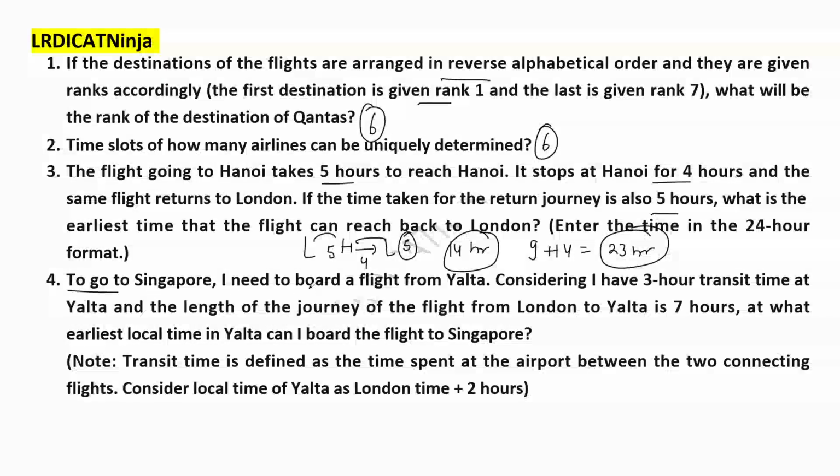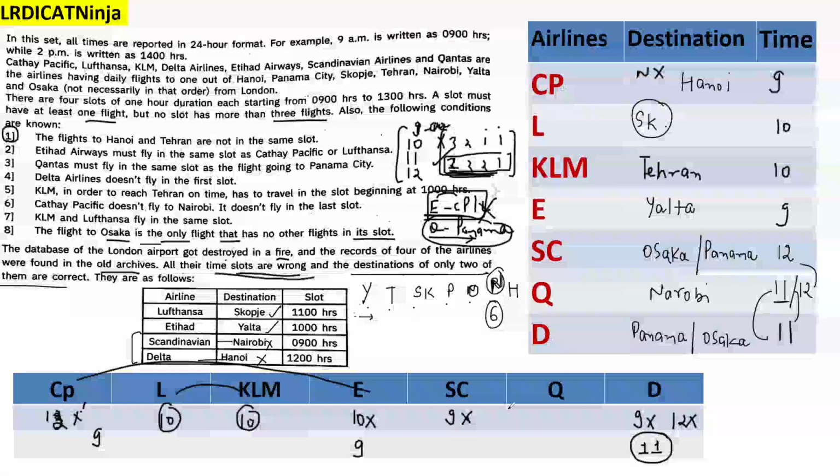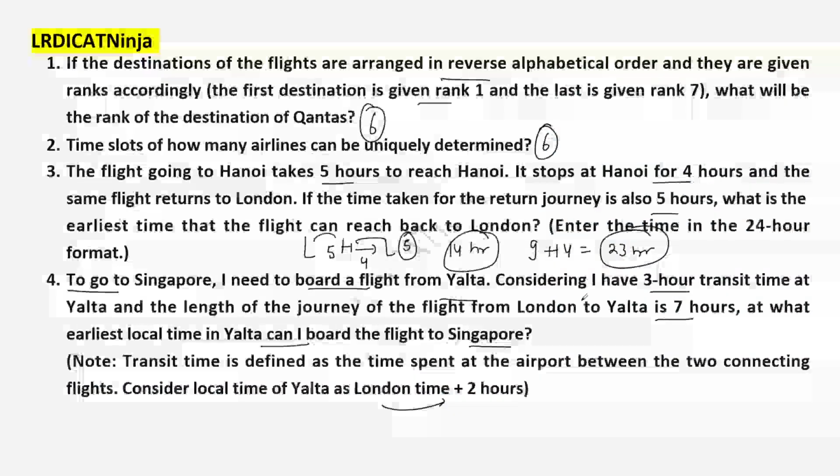To go to Singapore, I need to board a flight from Yalta. Considering I have a 3-hour transit time at Yalta and the length of the journey of the flight from London to Yalta is 7 hours, at what earliest local time of Yalta can I board the flight to Singapore? And the Yalta time is London time plus 2 hours. So the flight to Yalta is starting at 9 again.